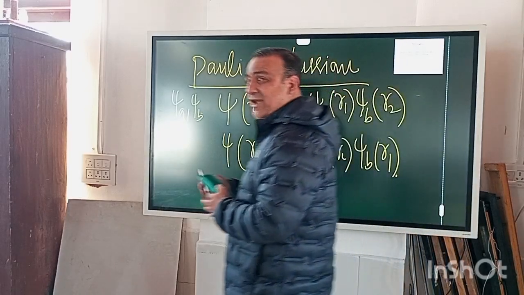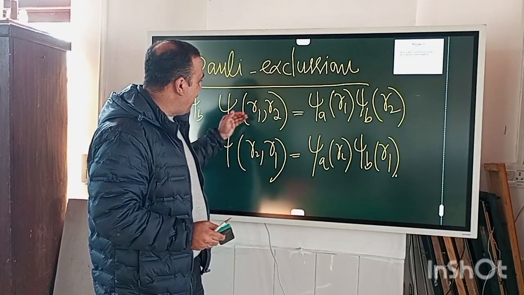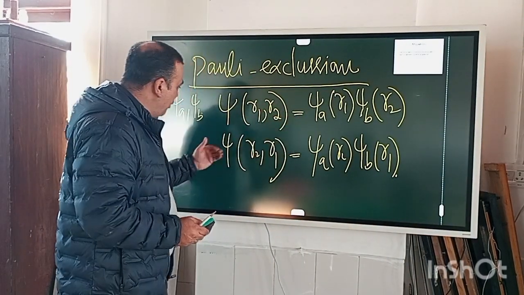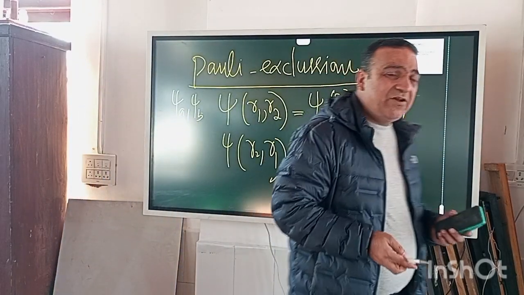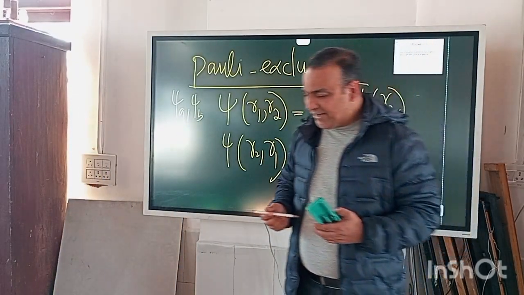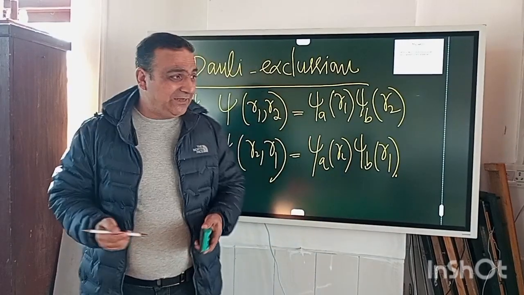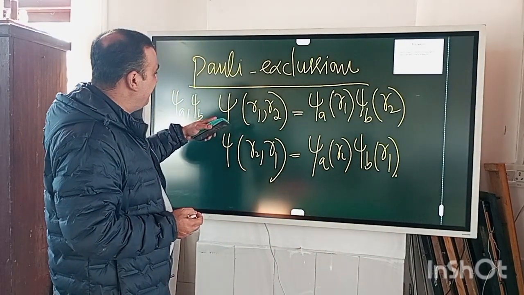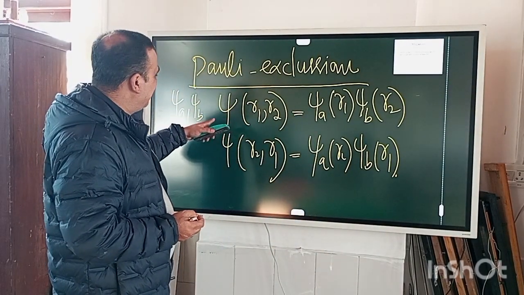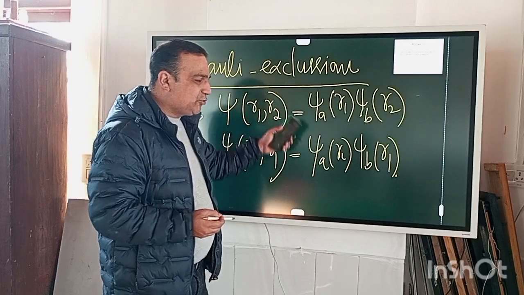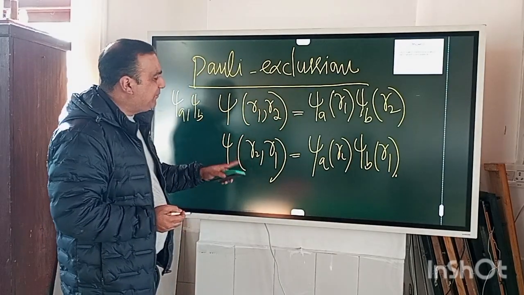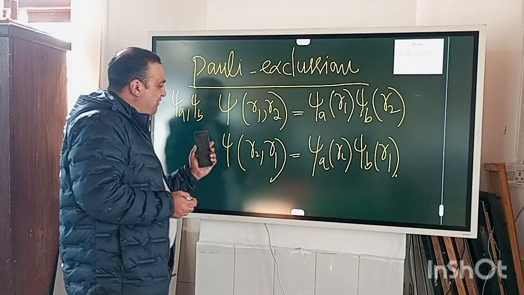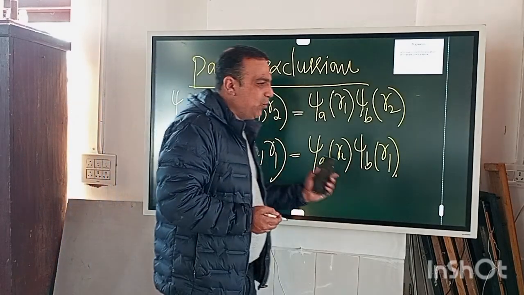Whether you write the state as psi R1 R2, or psi R2 R1, it doesn't make any difference when you calculate the probabilities. The probability of finding the particles in terms of psi R1 R2 must be equal to the probability in terms of psi R2 R1.